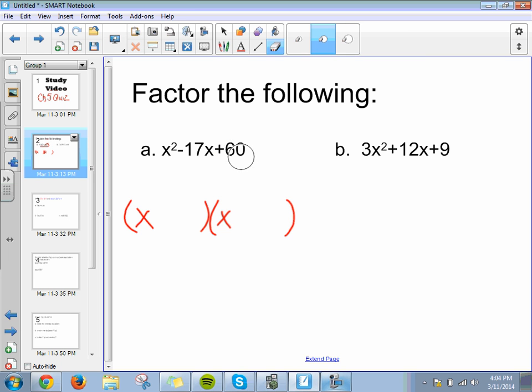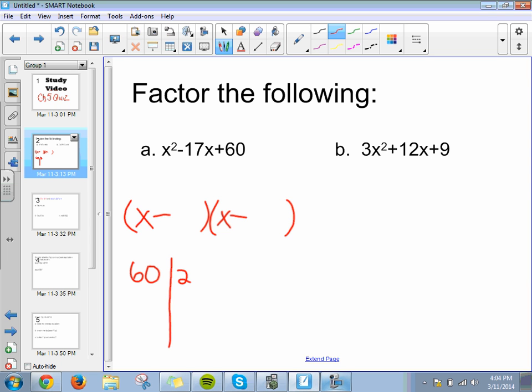We need something that when multiplied together will be a positive number, but added together is going to give us a negative. So what that means is we'll have a double negative, because a negative times a negative is positive, and if we add our two negatives, we will get a negative number. So for our 60, we can think about the different things that are going to multiply to 60.